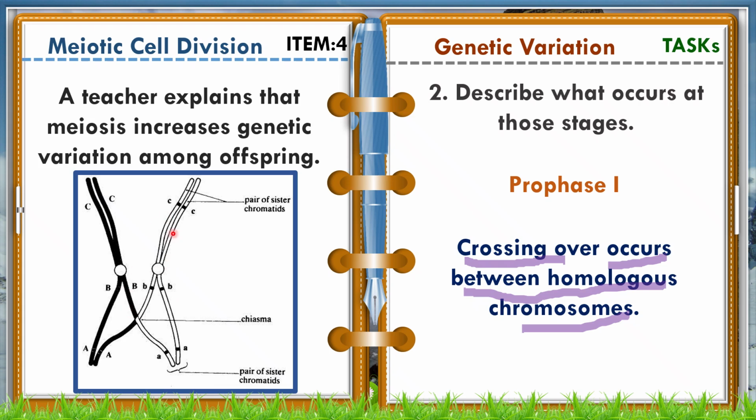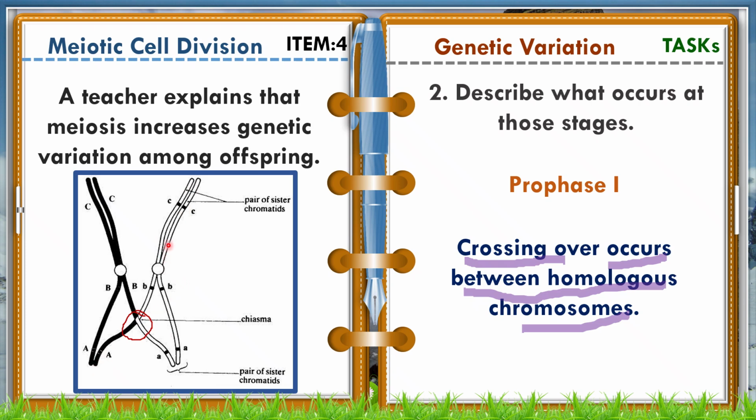Now when they align themselves, the non-sister chromatid, this chromatid here from the father, comes and crosses with another chromatid from the mother. And at that point where they cross, this point here, that is what we call crossing over. Crossing over occurs between homologous chromosomes. These two chromosomes, this one and this one, are called homologous chromosomes.